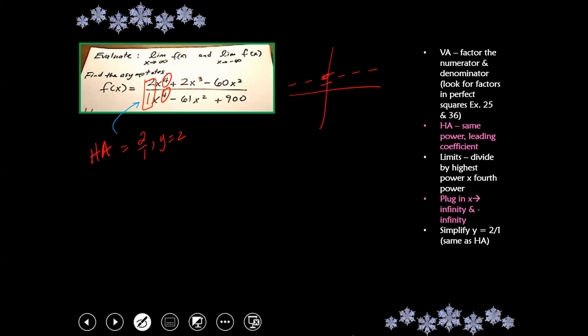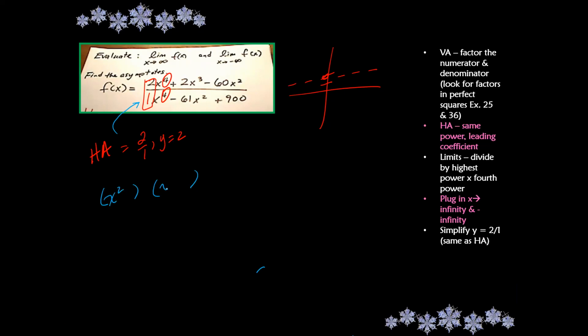So I know I can factor it as if it's x squared. You're going to ask yourself, what times what equals 900? So the first thing you're going to have is an x squared and an x squared. And the second thing you should ask yourself is, what times what equals 900, but when I add them together, it will give me a negative 61.